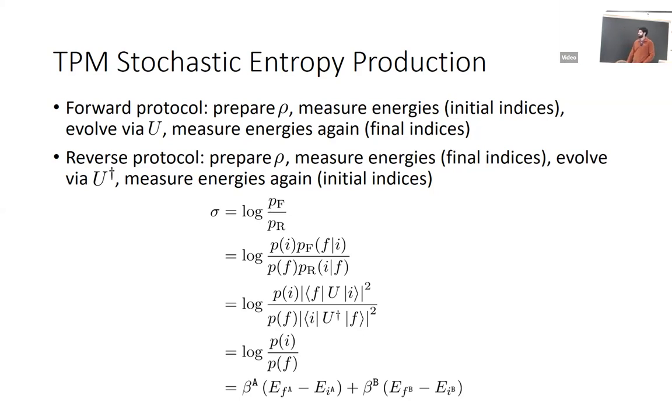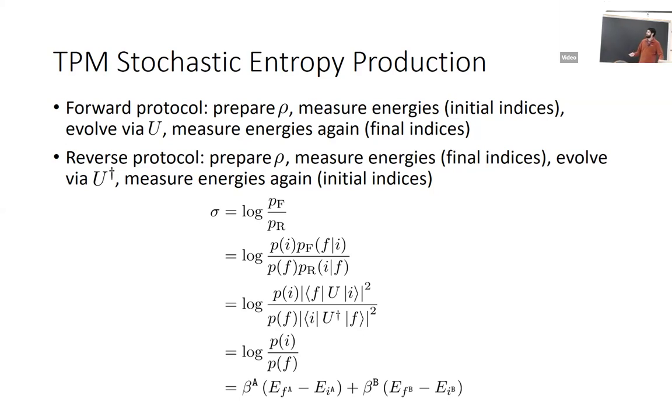And basically, I want to draw your attention to three steps in the simplification, which we're then going to look at generalizing. The first is this formula, where everything is just expressed in terms of inverse temperatures and eigenvalues of energy, but more generally of whatever charge we're considering. This step, where we're just interested in a measurement on the initial state, so there's no mention of the unitary dynamics. And the very top formula, which was sort of the starting point, which is the log ratio of a forward and a reverse process.